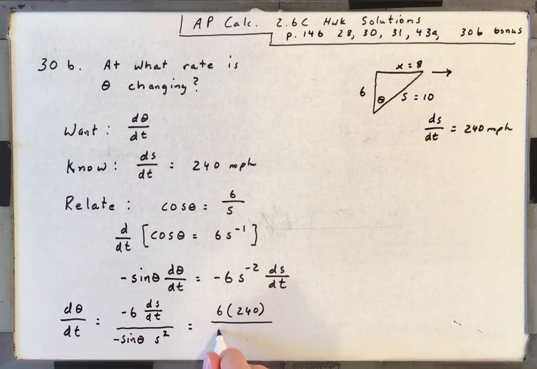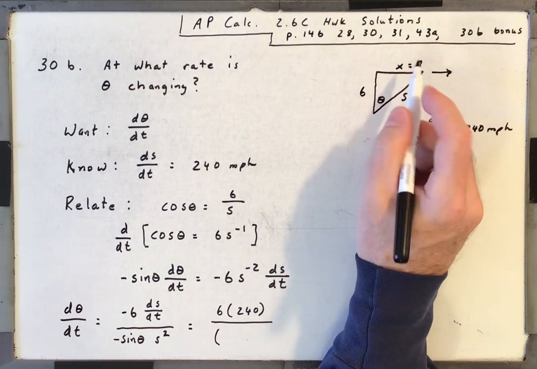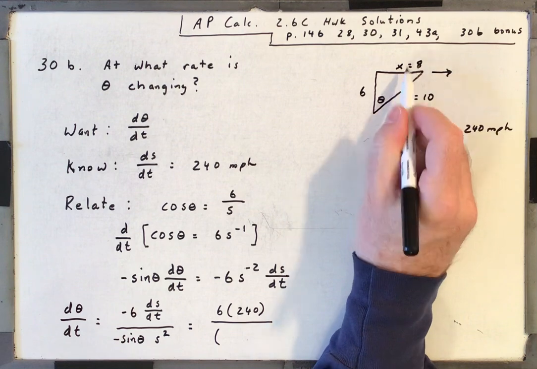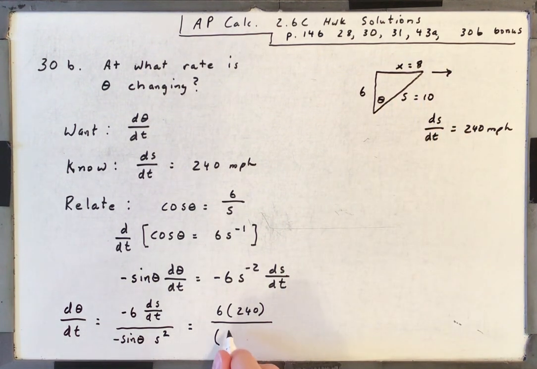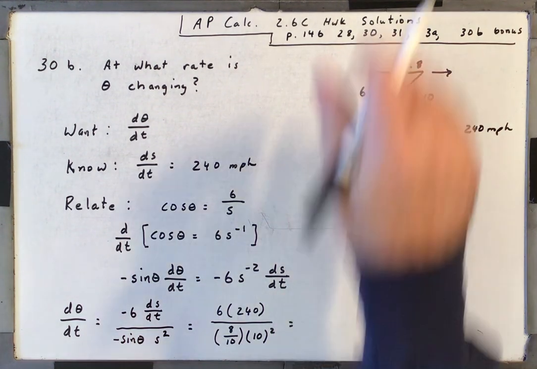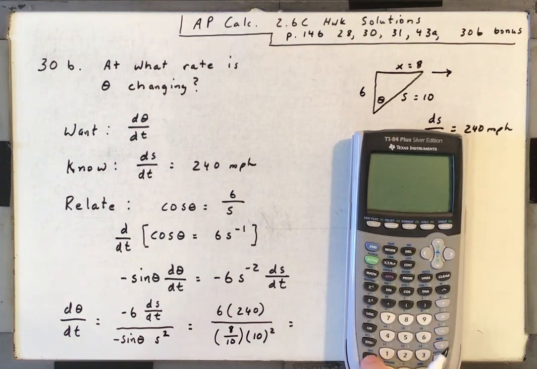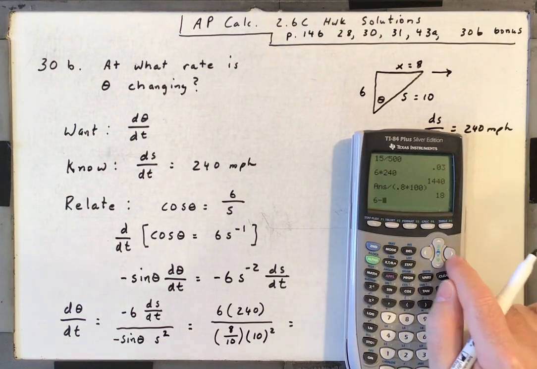So it's going to be sine is x over s, opposite over hypotenuse. So 8 over 10. And then s was 10 squared. So that's a 6 times 240. Oops.